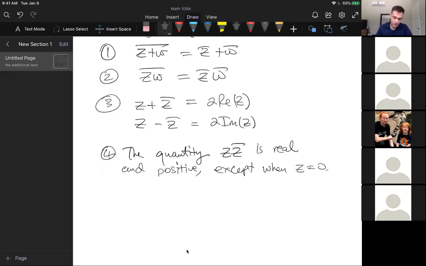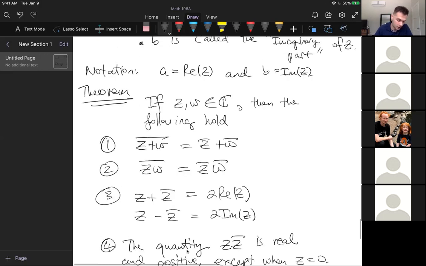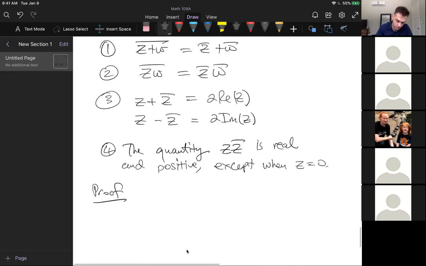And so the proof is pretty straightforward. It's just using the definitions above. So I'm going to omit it. So exercise. I guess one thing to point out that might be useful is that if you compute z z bar, this is equal to a squared plus b squared. Be helpful to note.